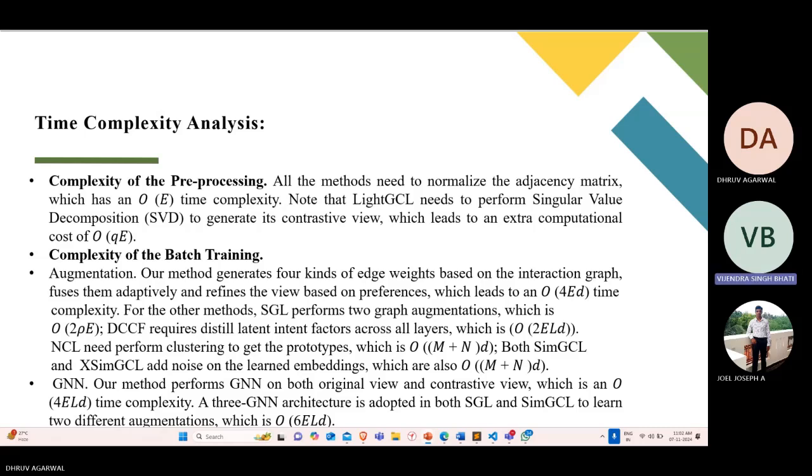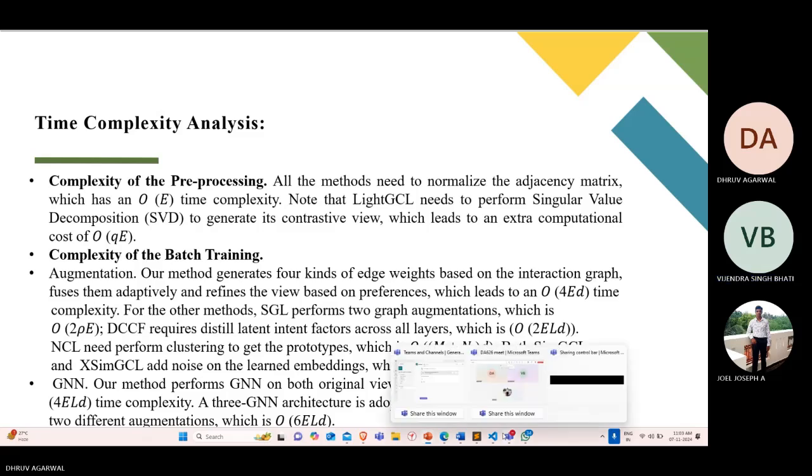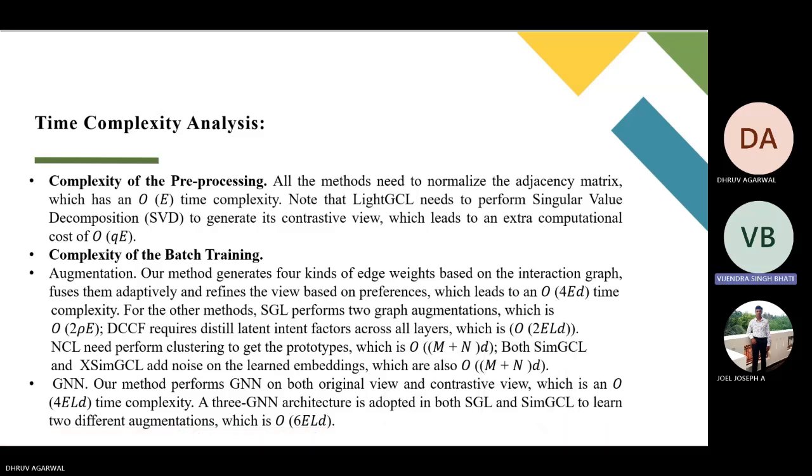Yeah, so coming on to the time complexity analysis, our model begins with adjacency matrix normalization, which has a time complexity of order of E, where E is the number of edges. Additionally, the LightGCL requires SVD, which is singular value decomposition, to create a contrastive view, adding an additional overhead of order of O of Q into E complexity.